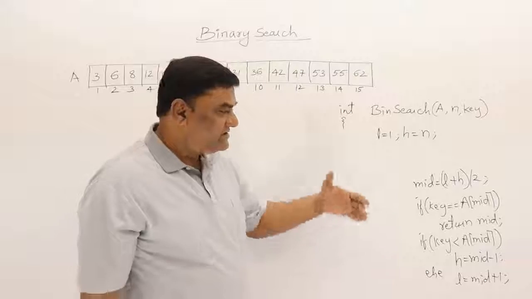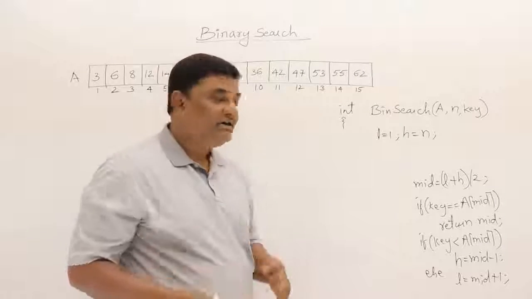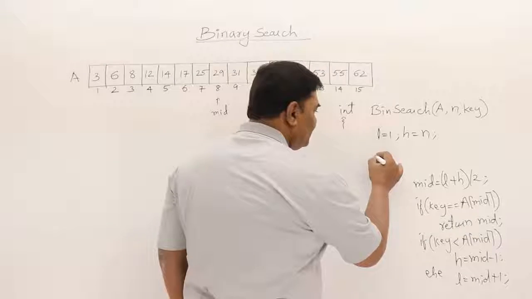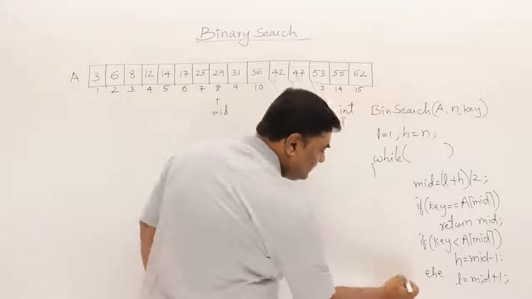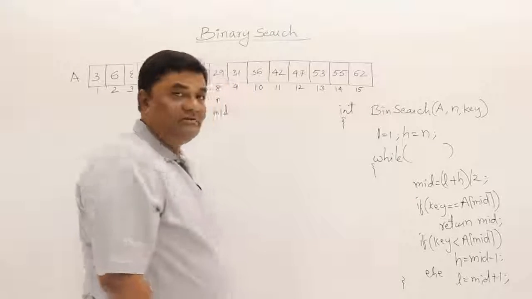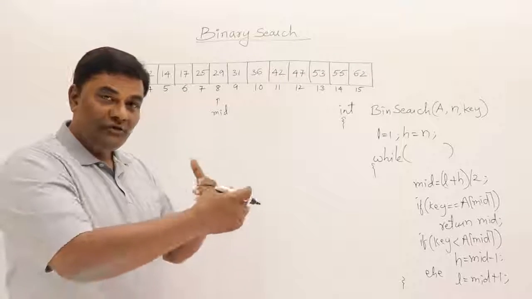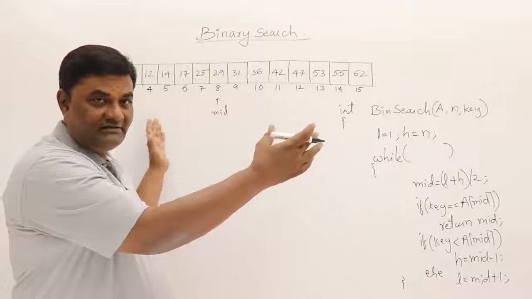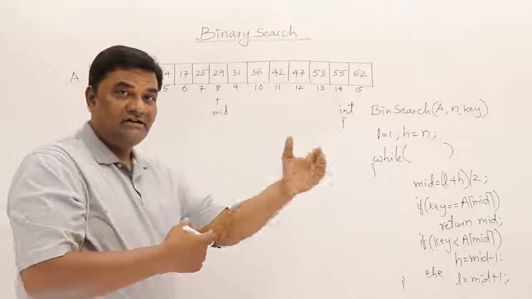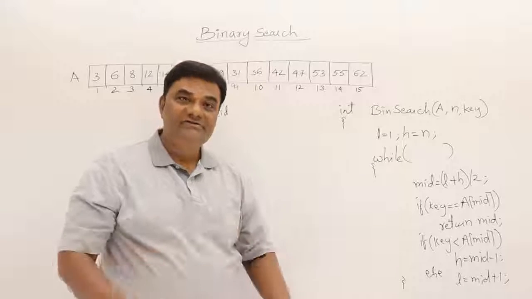Now this process will go on repeating until the element is found. So this has to be written in a loop. How long should this loop run? Low should not cross high. If low has crossed high, it means the element is not found.